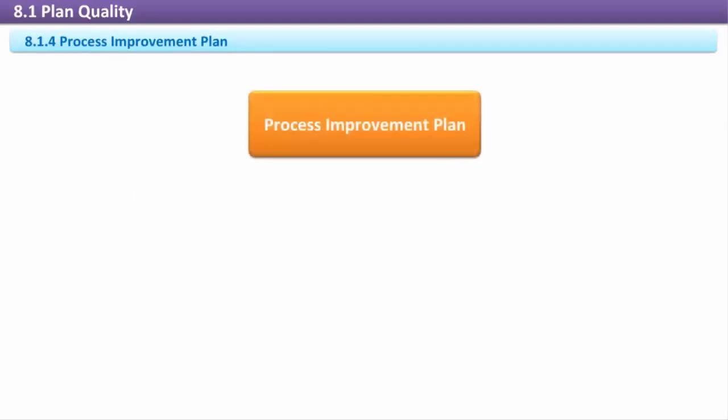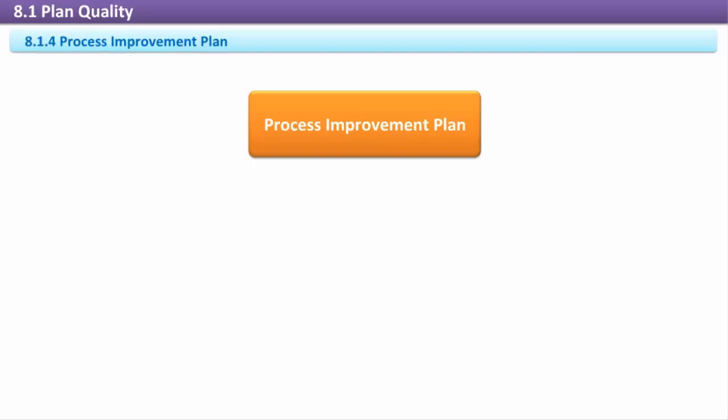Process Improvement Plan. The Process Improvement Plan is integral to quality management's focus on continual improvement, and it details the steps that will be taken to analyze the project processes and eliminate waste and improve the efficiency of processes.